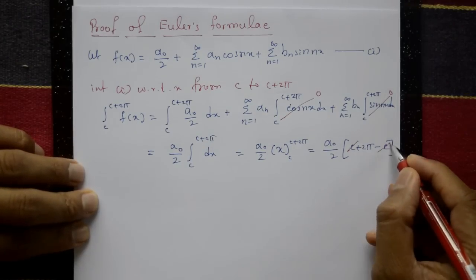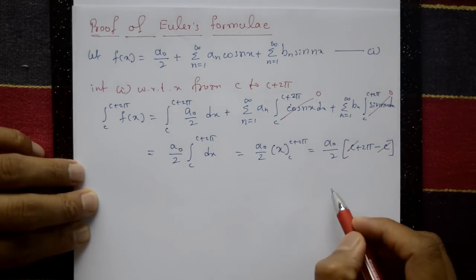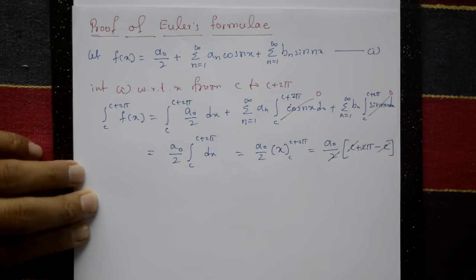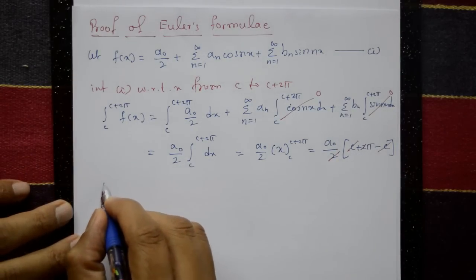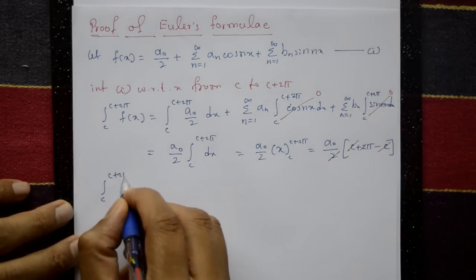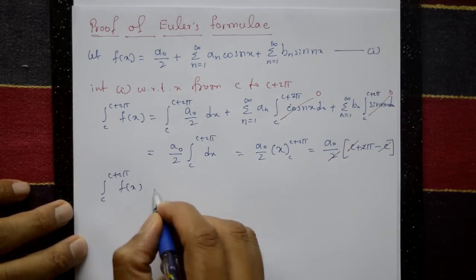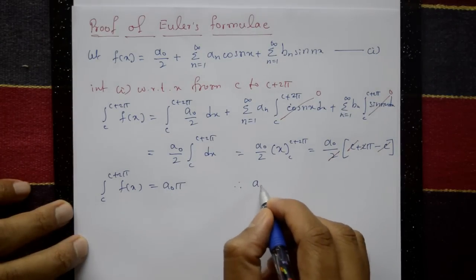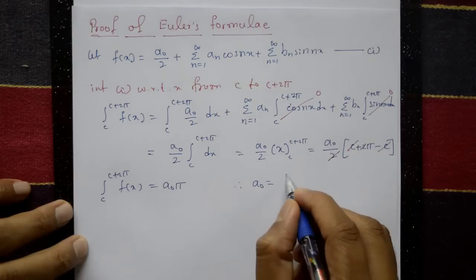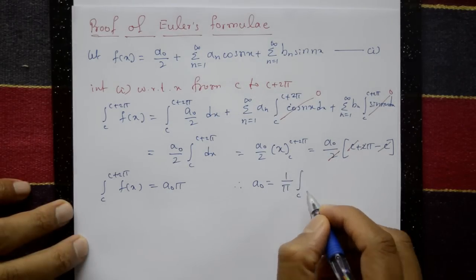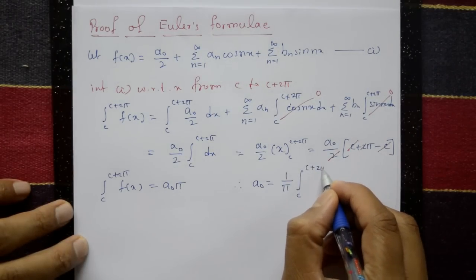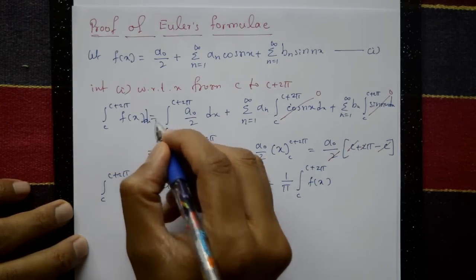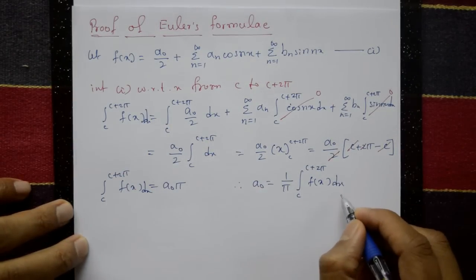Now c cancels, only 2 pi remains, and 2 cancels, only pi remains. So integration from c to c plus 2 pi of f of x is equal to a naught pi, and therefore a naught is equal to 1 by pi into integration from c to c plus 2 pi of f of x with respect to x. This is a naught.